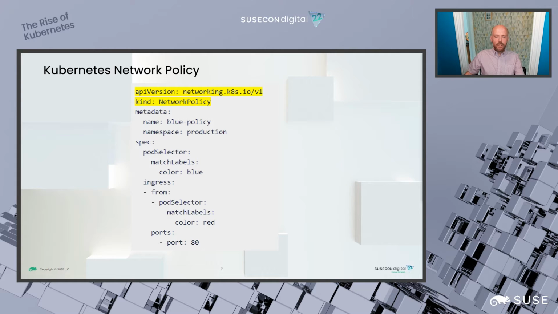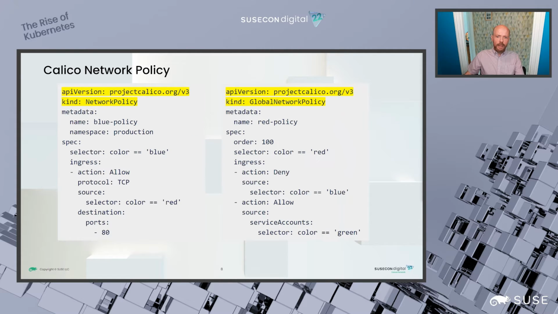So this is cool functionality, but there's some missing functionality, which anyone who's administered firewalls in their career will appreciate. And so Calico, as well as offering a fully compliant implementation of the Kubernetes network policy, also offers Calico network policy.